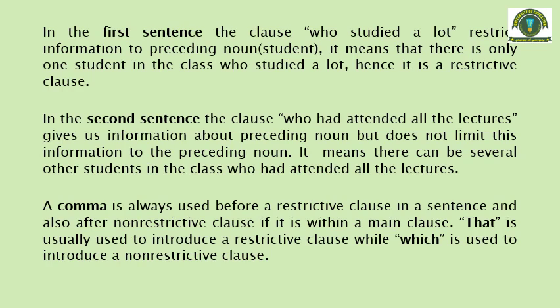Whereas in the second sentence, the clause "who had attended all the lectures" gives us information about the preceding noun, but does not limit the information. It means there can be several other students in the class who had attended all the lectures.